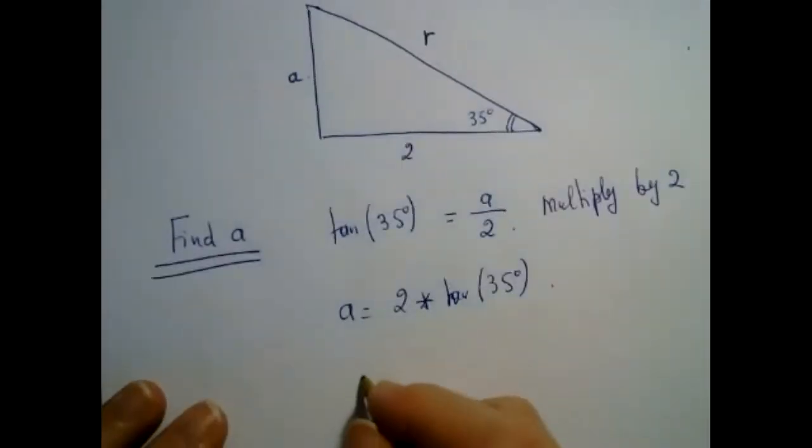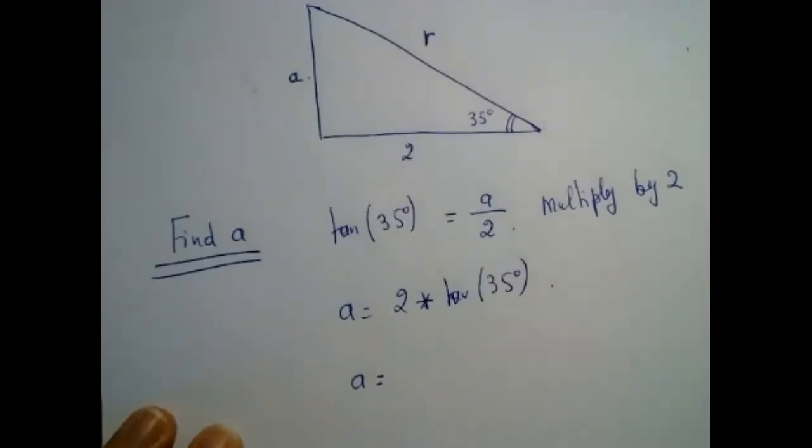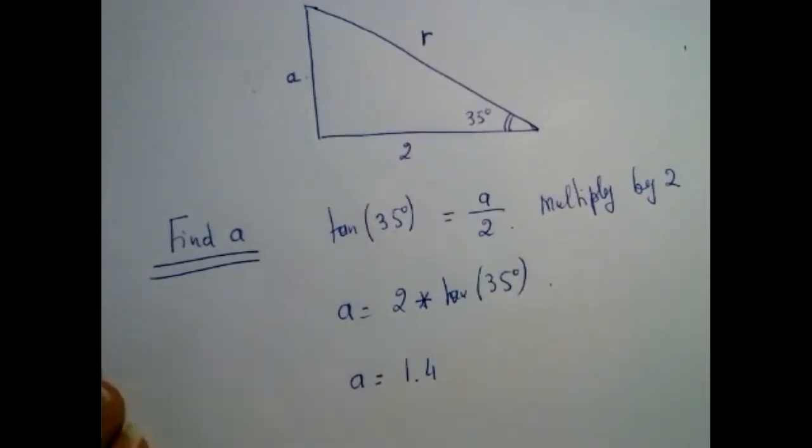And this is where we need a calculator. 2 tangent 35 gives me 1.4 almost.